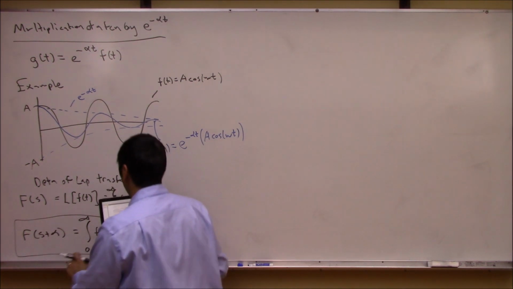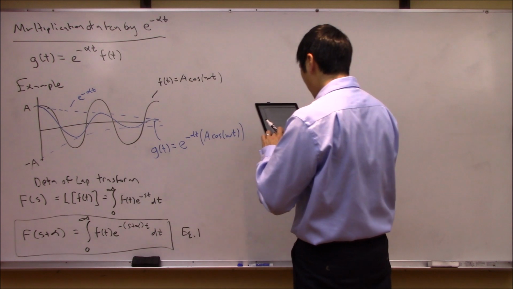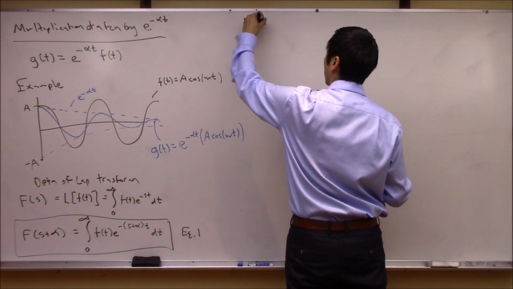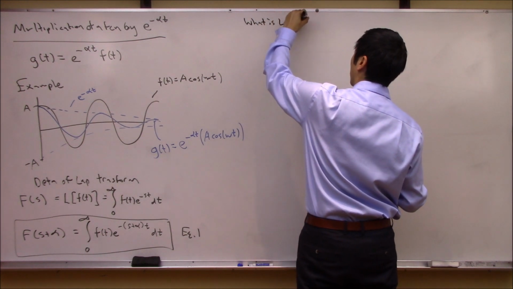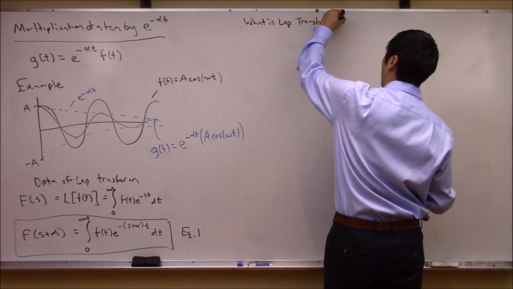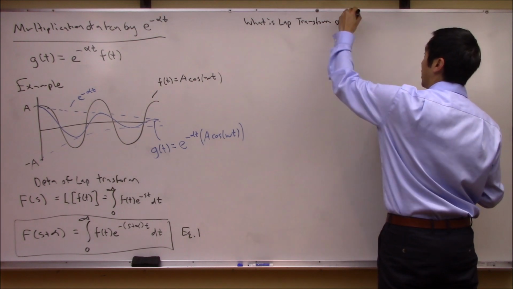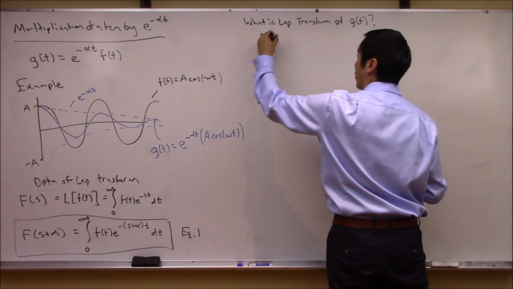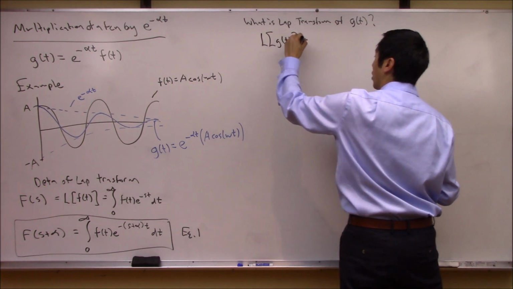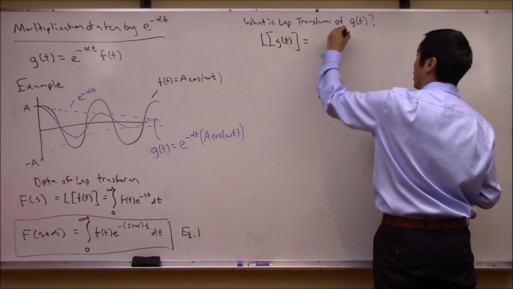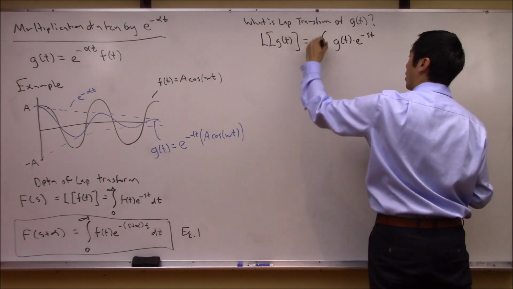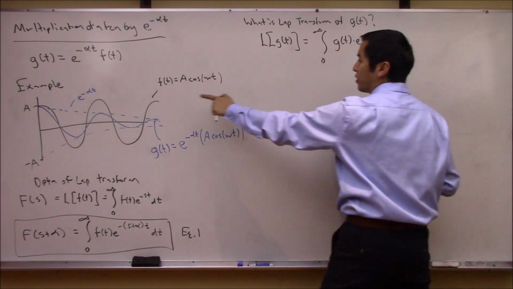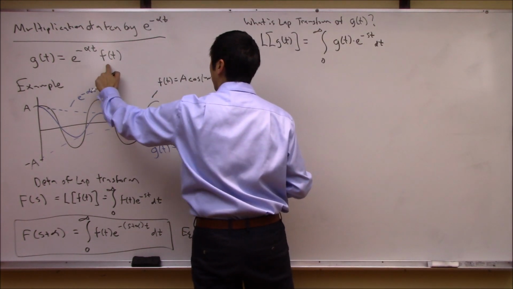All right, so via another independent line of reasoning, let's write out the Laplace transform of g of t. In other words, I want the Laplace transform of this function g of t, which is basically you take the function g of t, hit it with e to the minus st, and integrate from 0 to infinity dt. We know that g of t is e to the minus alpha t times f of t.